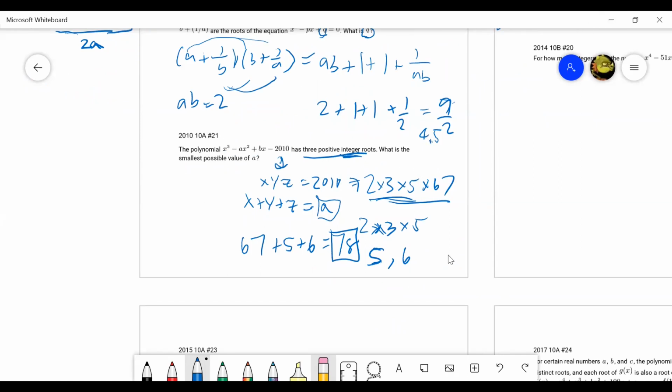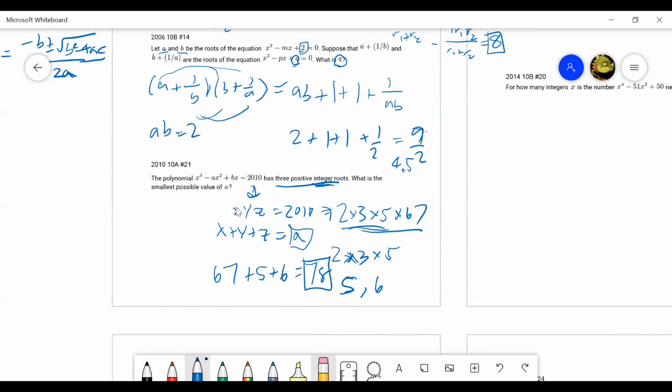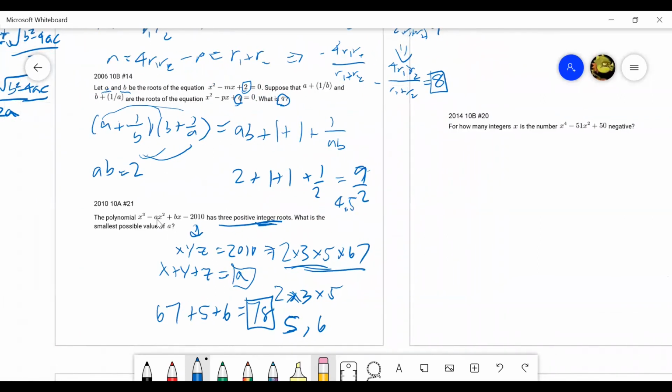So really what this problem is, it's like a polynomial. It's just a way to disguise this kind of number theory-ish problem as a polynomial problem. So as you dissect the problem, you can see that it's not actually super related to polynomials.